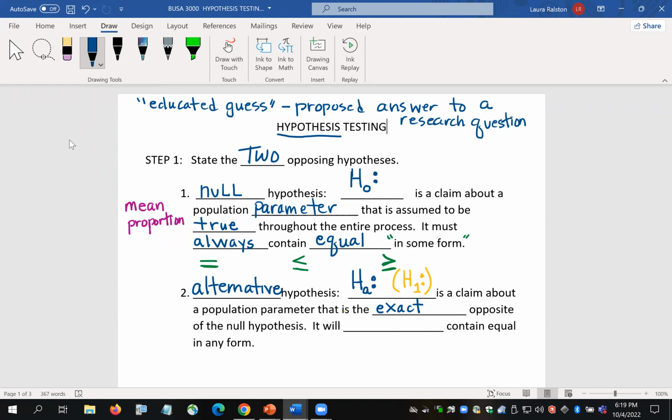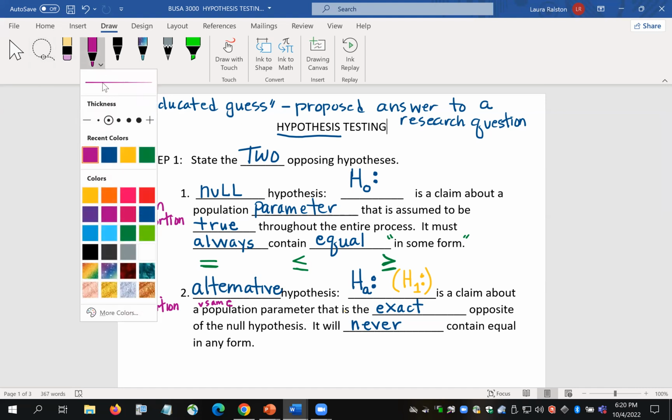The alternative hypothesis will never contain equal. So here again, it's the same population parameter that we use in the null. So again, for our purposes, that's going to be either the population mean or the population proportion.